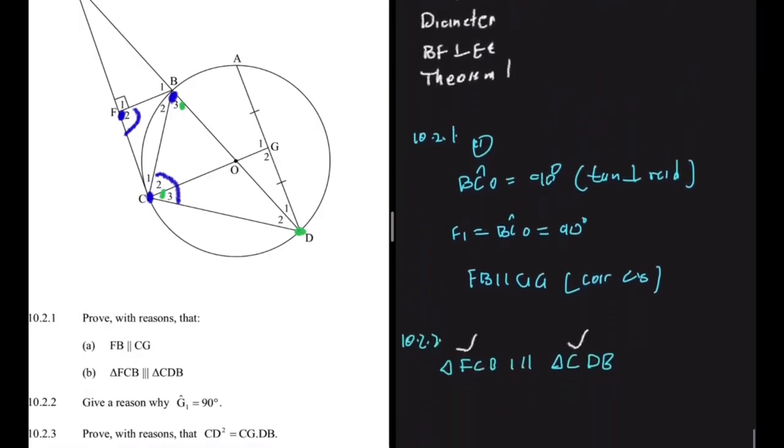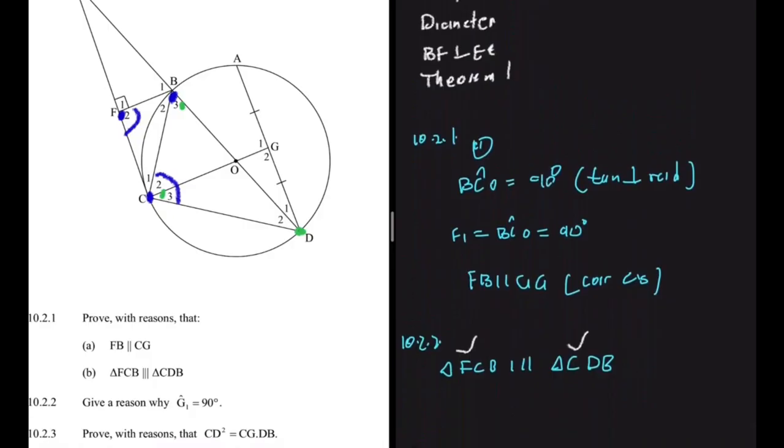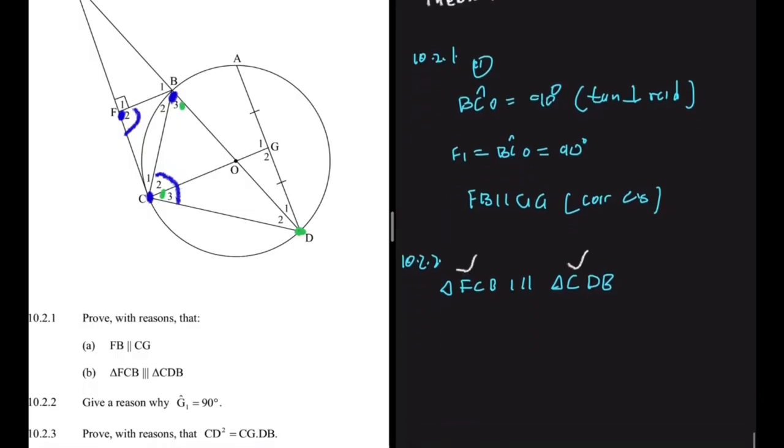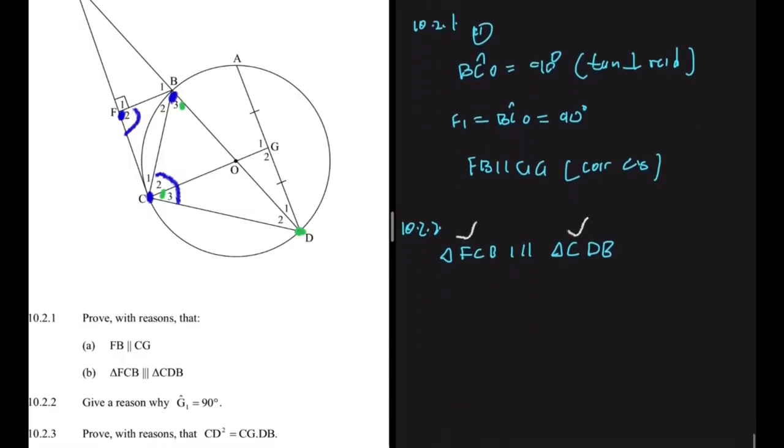We are going to use the diameter to deduce the size of this angle here, because it's being subtended by the diameter. So we can say that angle C1 plus C2 is equal to 90 degrees because it's being subtended by the diameter. And now we need to prove that this angle here is also 90 degrees.